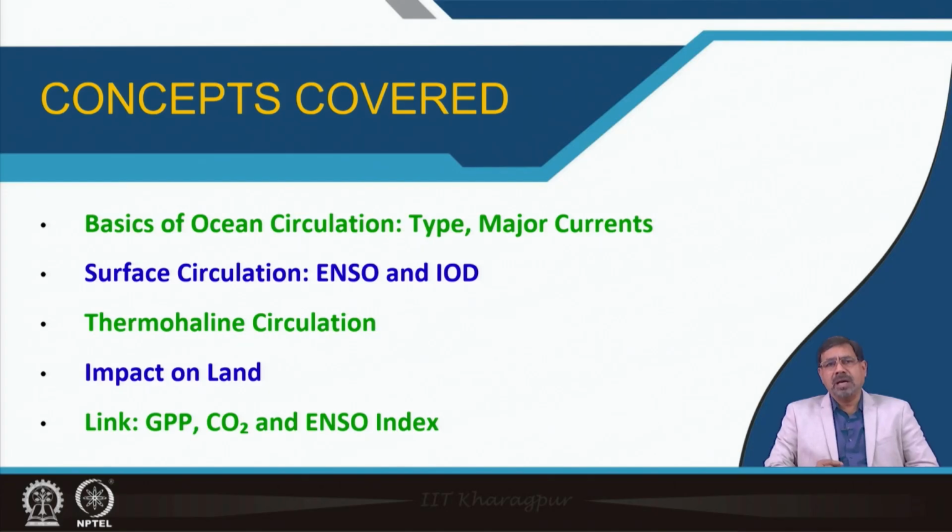Carbon dioxide is one of the dominant greenhouse gases, and the third one is ENSO. It is a very interesting relationship, and it will give us a very clear understanding of oceanic circulation vis-a-vis climate or climate change.